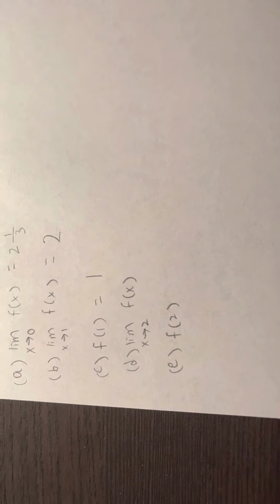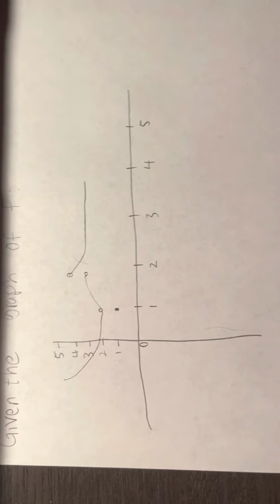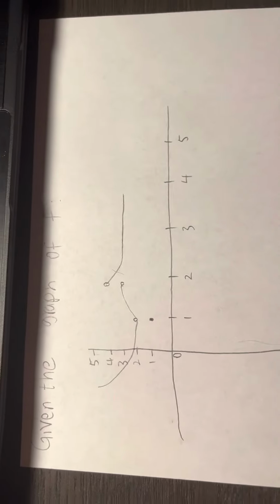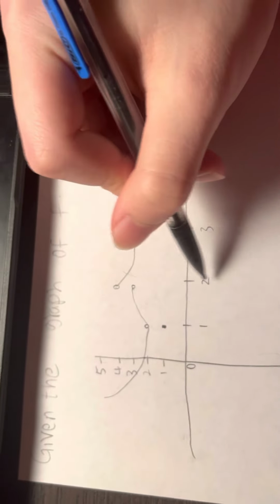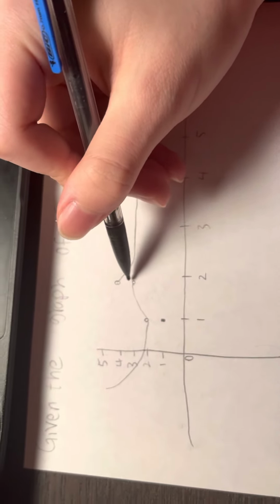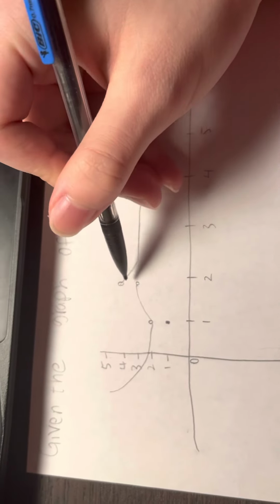And for question D, limit of x approaching 2, find the f of x. Here on the graph, you can see that if we have to find 2, then it must approach from the left and the right.